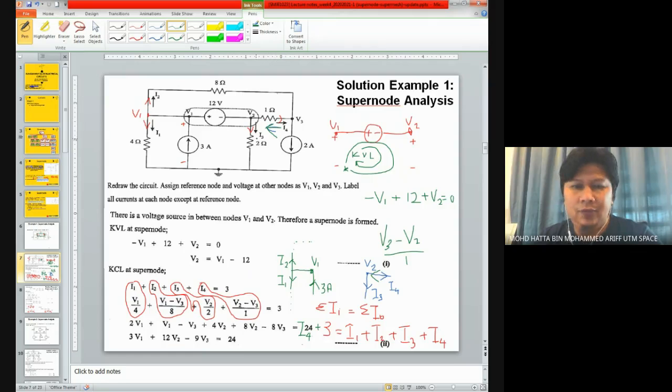That is if you consider the current is flowing that way. So in this example, we already labeled it as flowing from left to right, which is in that direction. So maybe I'll erase this first so that you're not going to get confused.